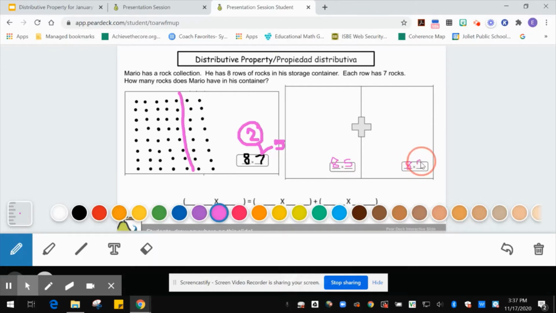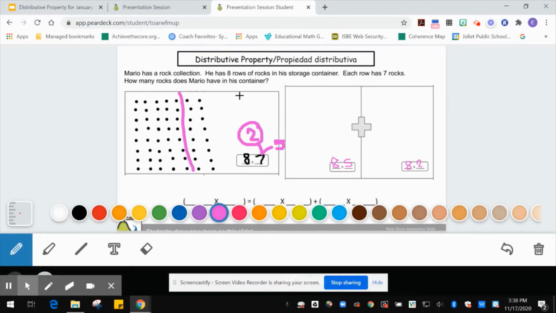And as you've noticed, I've transferred my 8 times 5 equation and my 8 times 2 equation to the right side of this graphic organizer. This way, students will be able to group these differently in order to solve for the equation 8 times 7.